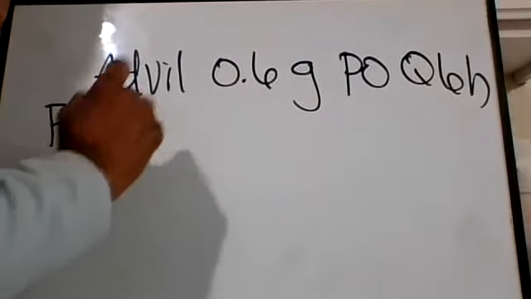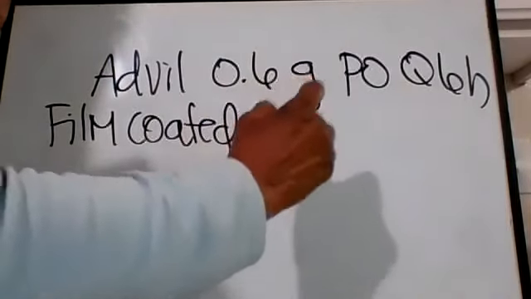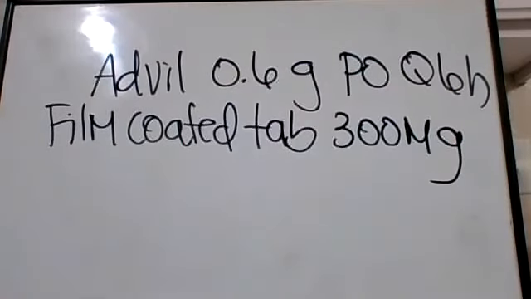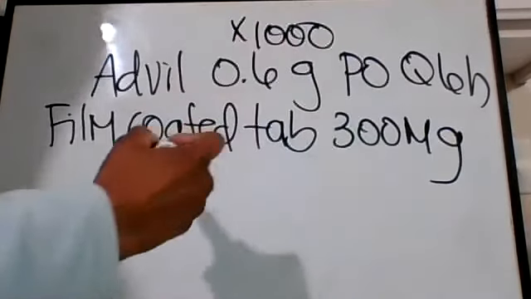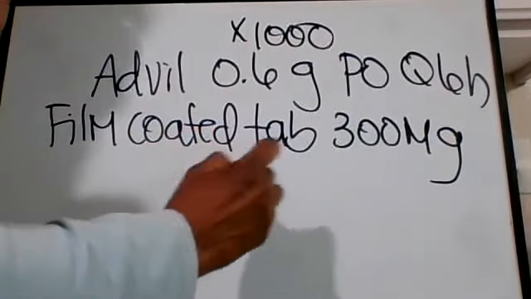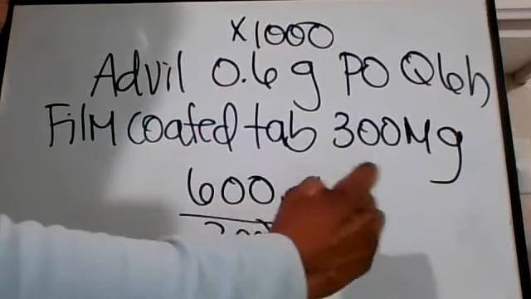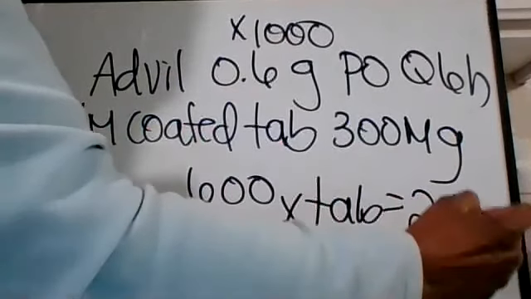Advil is film coated tab at 300 milligrams. So we're going to have to convert grams to milligrams, multiply by 1,000. We come up with 600 divided by 300 times tab. And of course, it gives us 2 tabs, right?